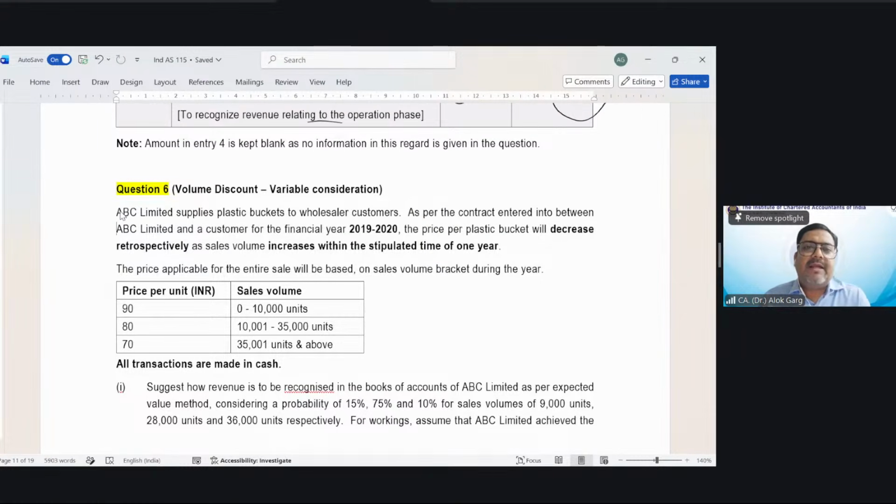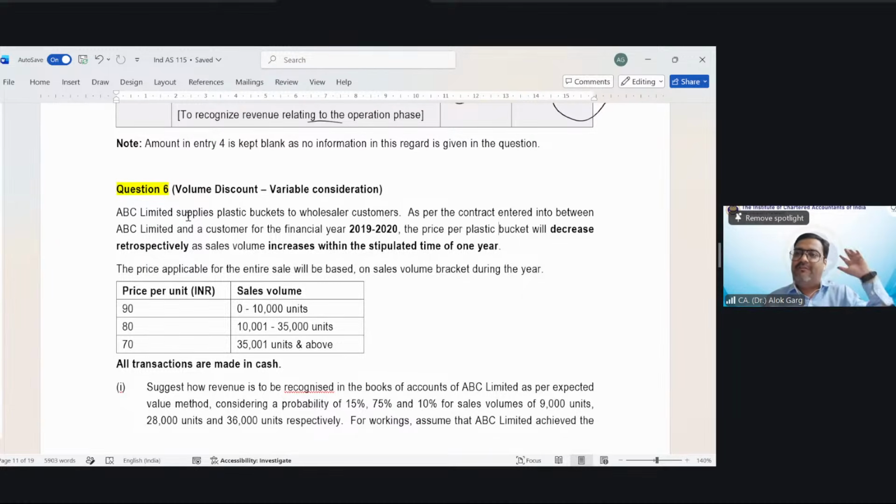ABC Limited supplies plastic buckets to wholesaler customers. As per the contract entered into between ABC Limited and a customer for financial year 19-20, the price per plastic bucket will decrease retrospectively, meaning the earlier quantity price will also decrease.